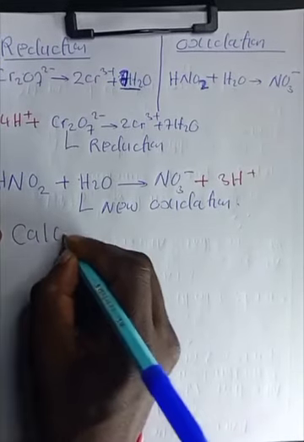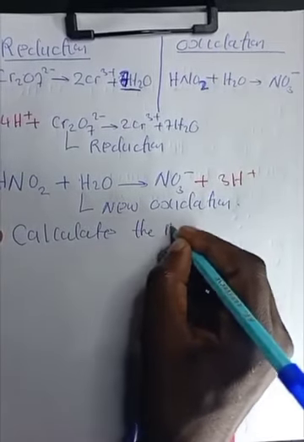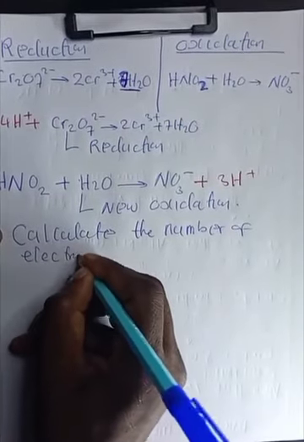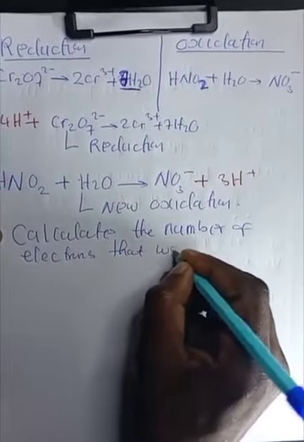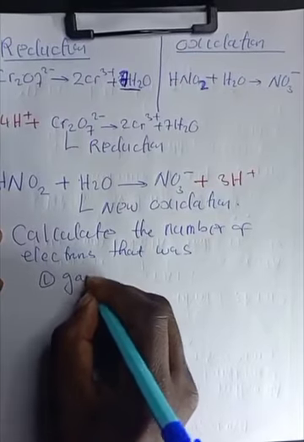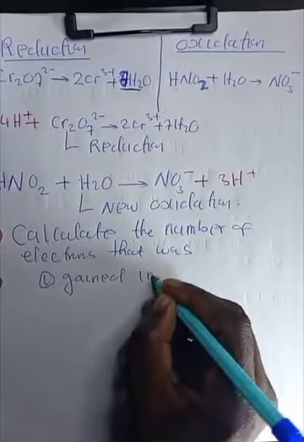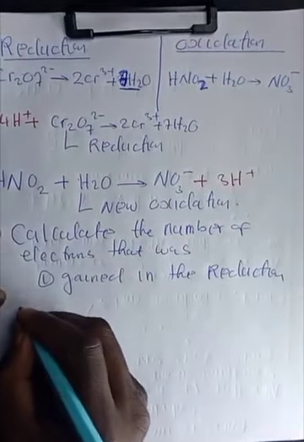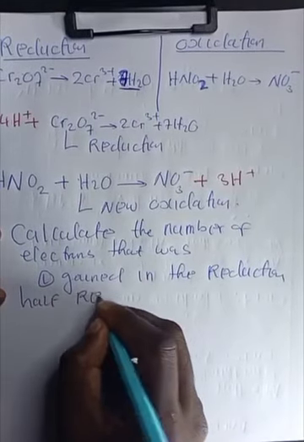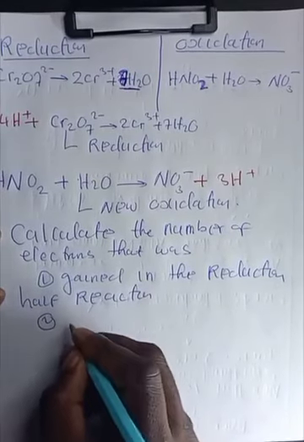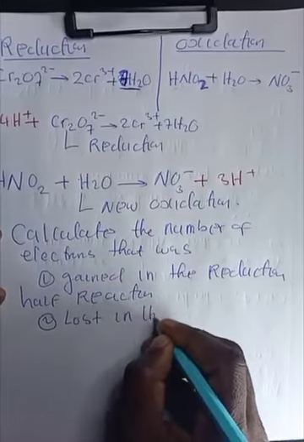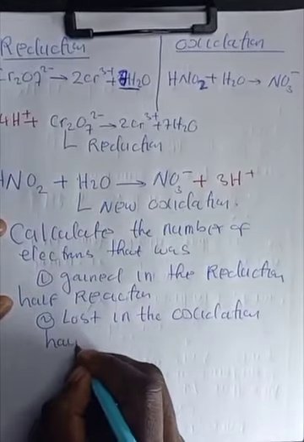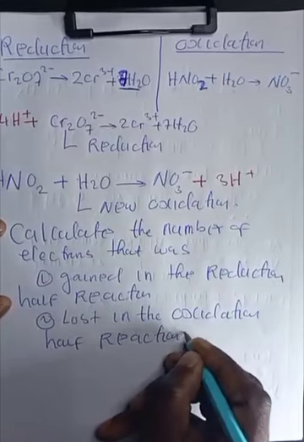So we need to calculate the number of electrons that was, number 1, gained in the reduction half reaction, and number 2, lost in the oxidation half reaction.